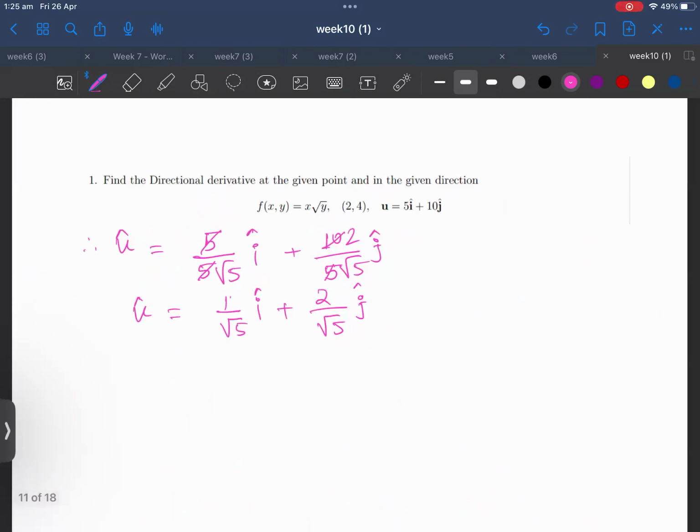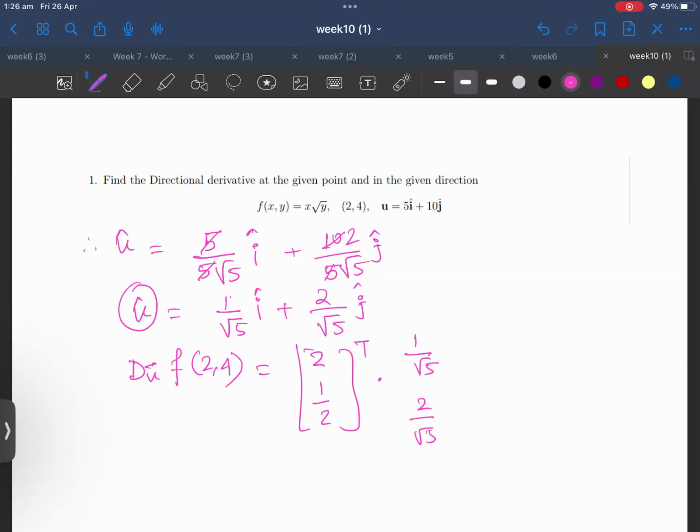D_u f(4, 1) equals 2 over 2, transpose this t and the u vector, this one. So 1 over square root 5 and 2 over square root 5.